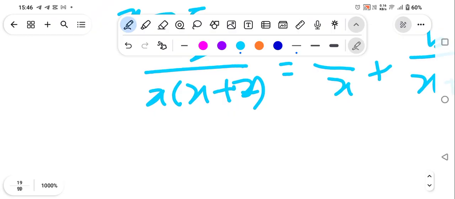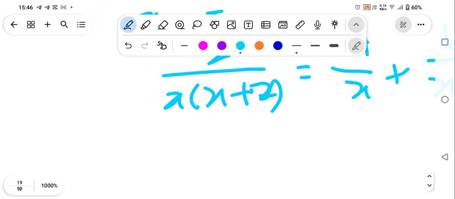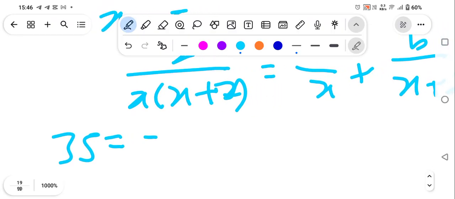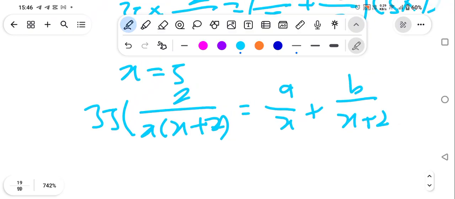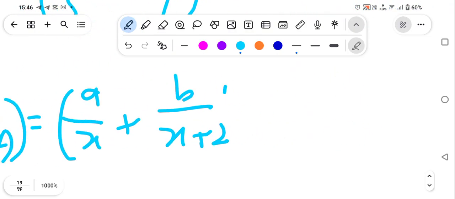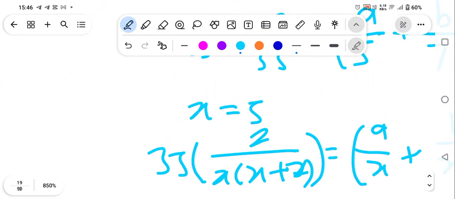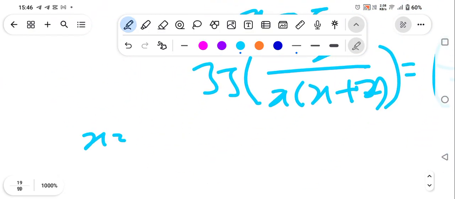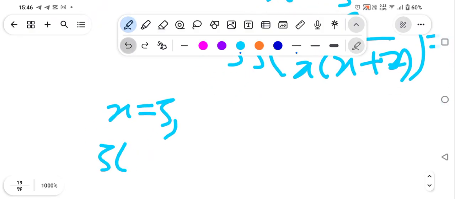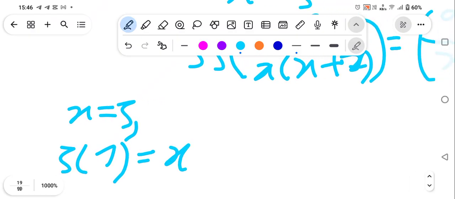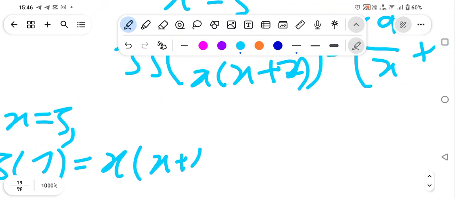So now, at the same time, we multiply by 35, which is 5 times 7, on both sides. But what's 35? Since x equals 5, 5 times 7 means x multiplied by x plus 2.